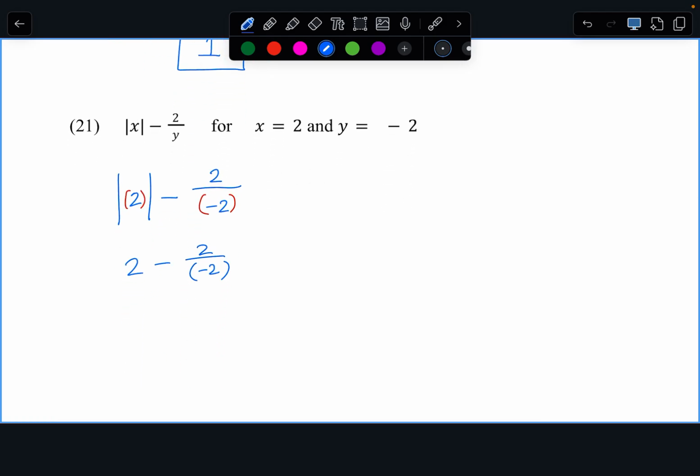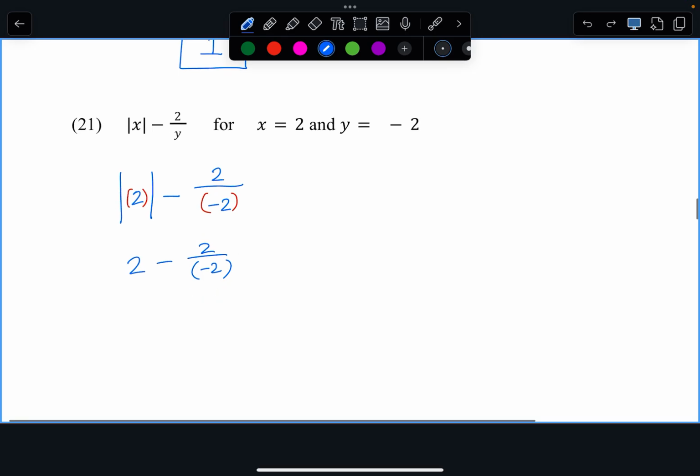Now what? The exponent? No exponents. Or the fraction. Yeah, fraction. Yep. We're going to do that fraction next, because that fraction means divide. So here we have 2 minus negative 1.